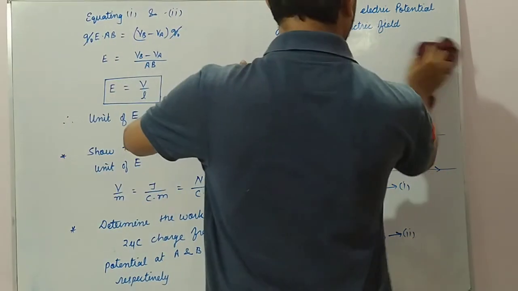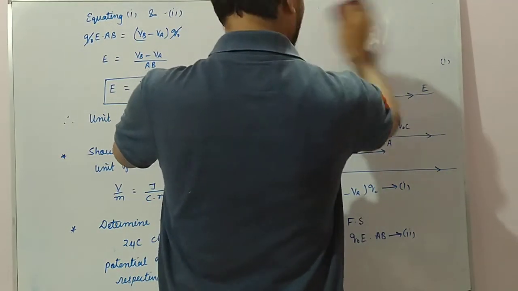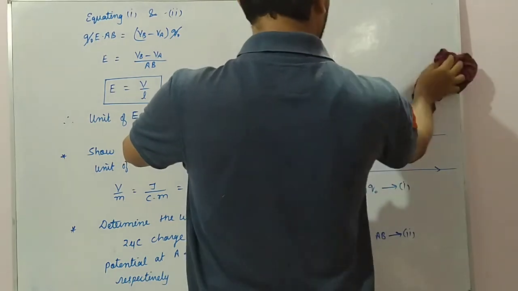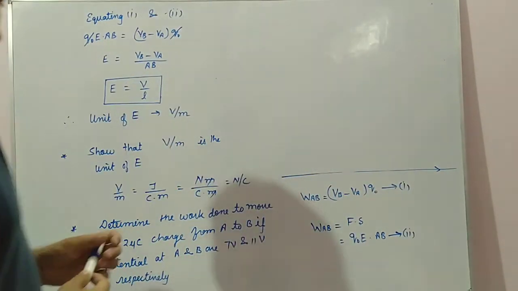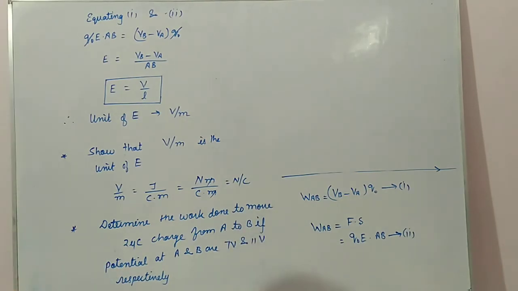So here 7 volt and 11 volt respectively, we have to determine the amount of work done.